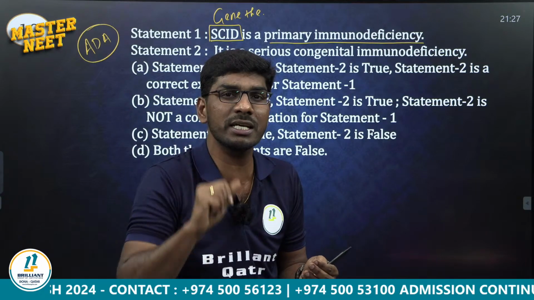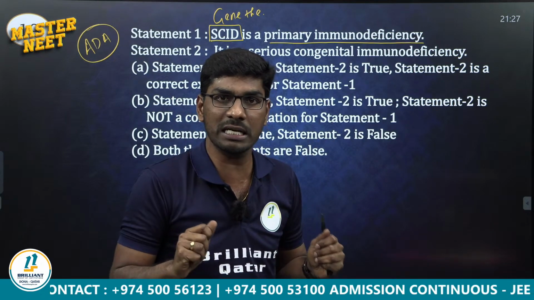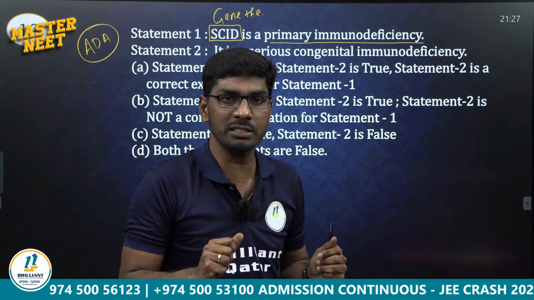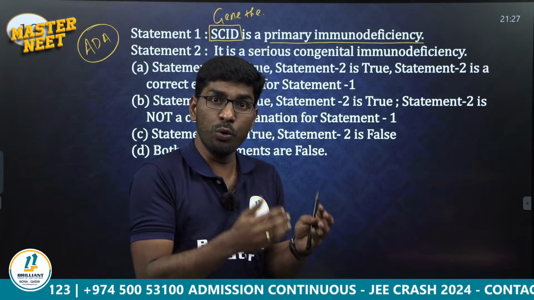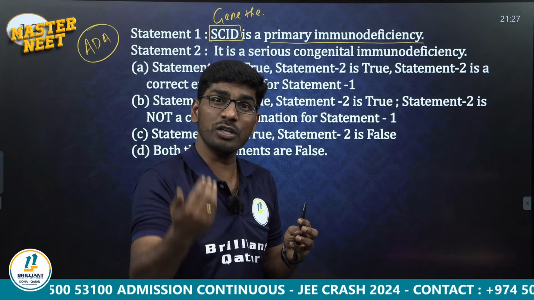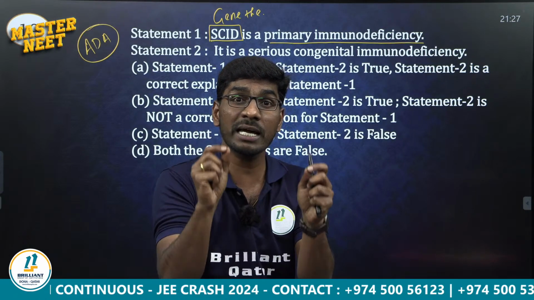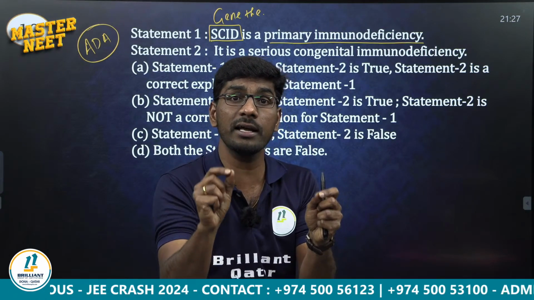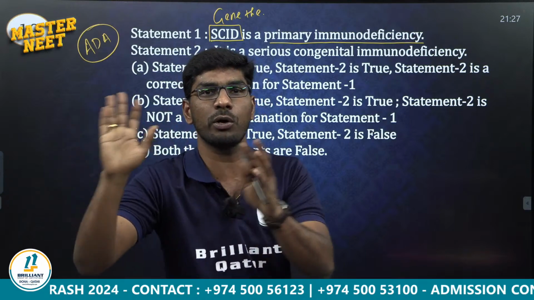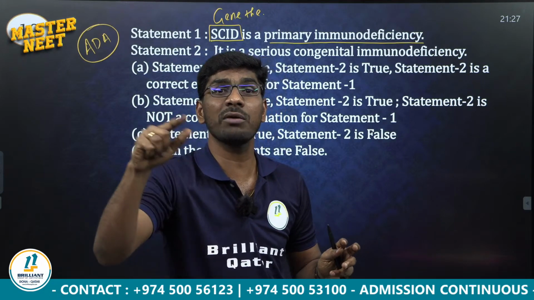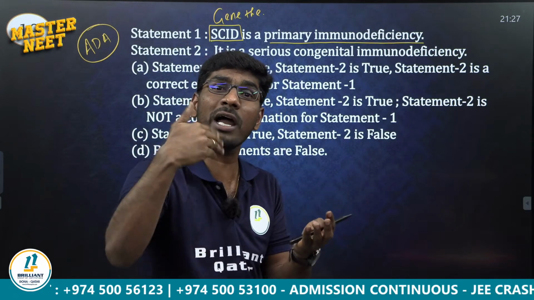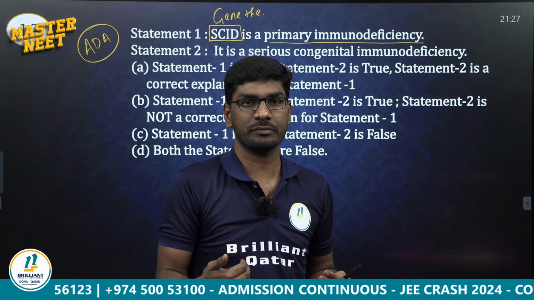HIV AIDS is not a congenital disease, right? So a person who acquired this disease, because of this virus, the immune power is slowly coming down. Such disorders are called secondary immunological deficiency disorders. Example, HIV AIDS. The name AIDS tells us acquired, we are acquiring in our lifetime.